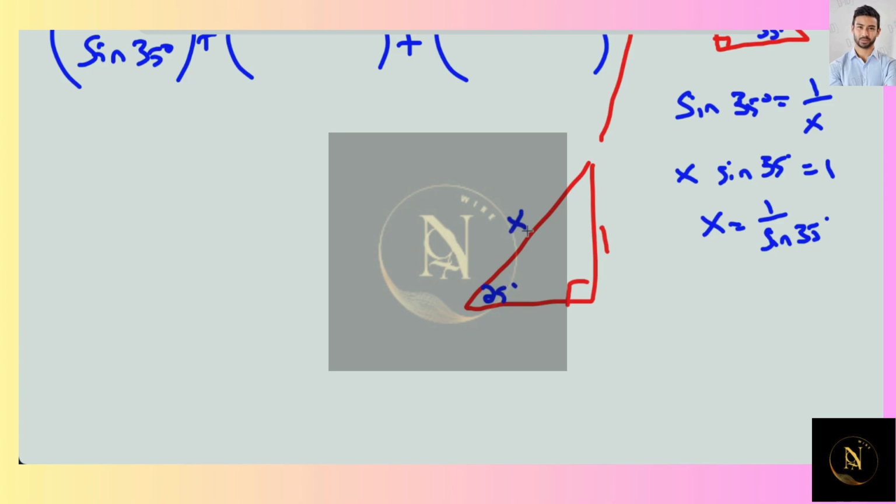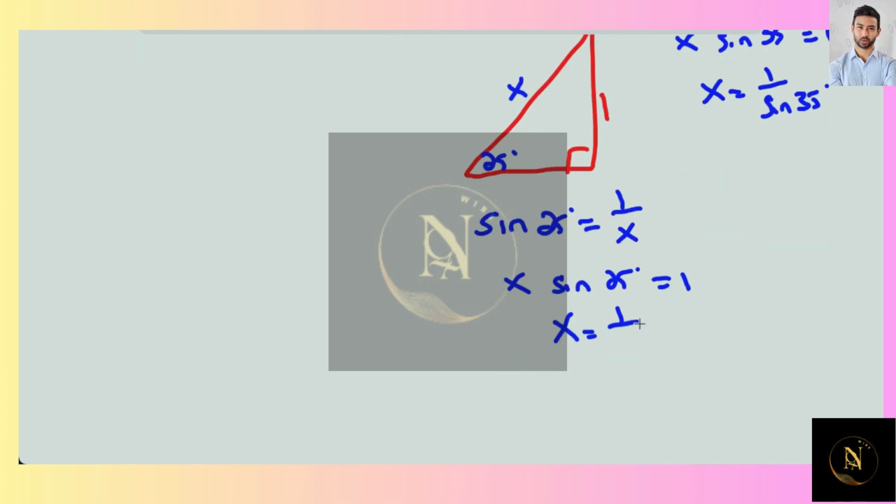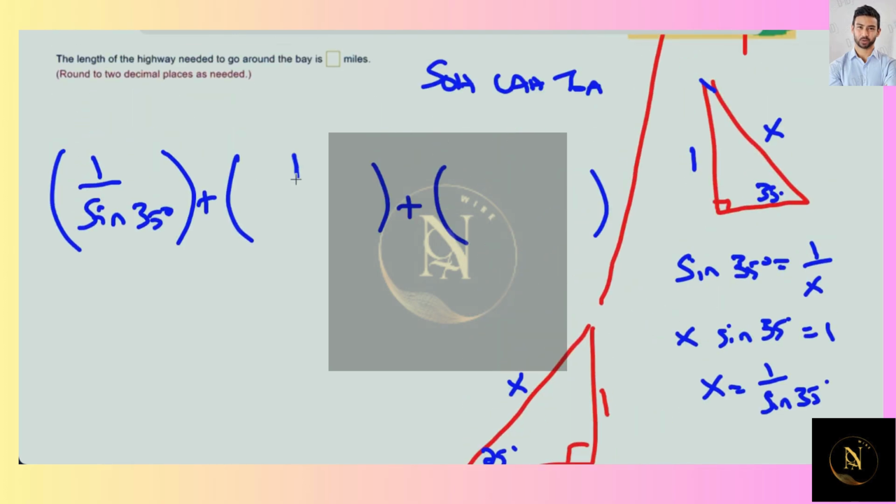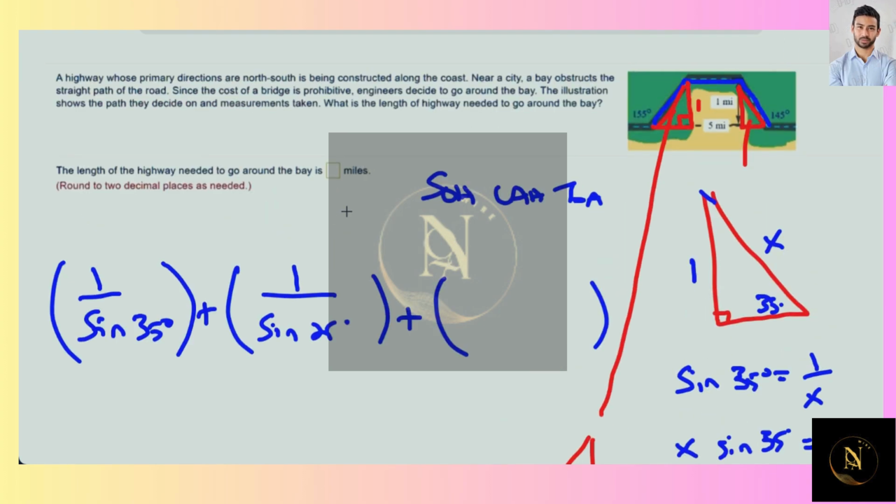Again, opposite over hypotenuse, sine of the 25-degree angle would be equal to opposite over hypotenuse, x sine 25 would then be equal to 1. And in this case, I should call a different variable, but bear with, 1 over sine 25 degrees. That's going to give us this piece here and there.